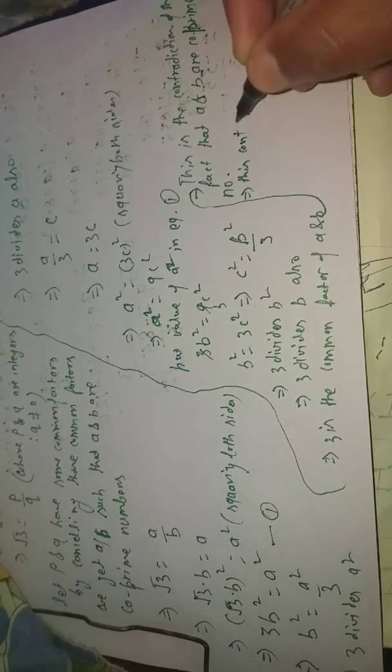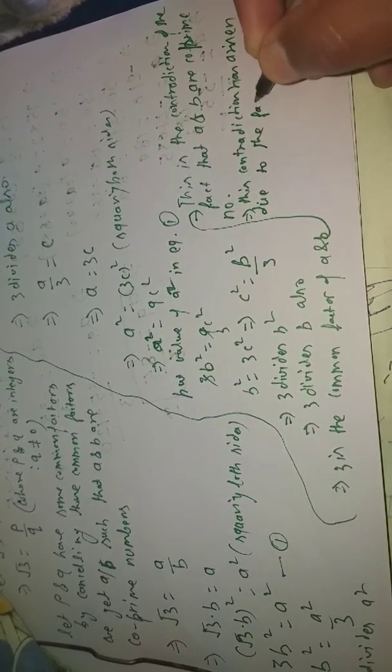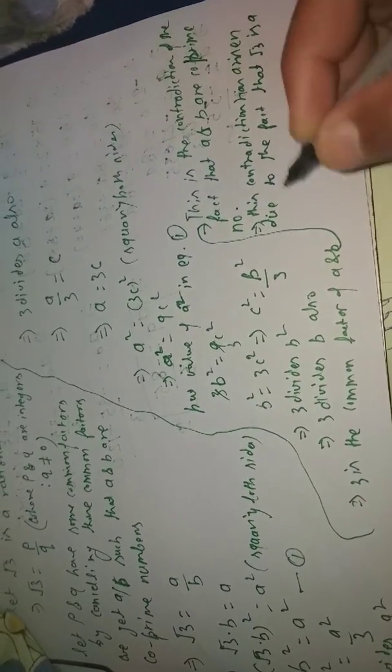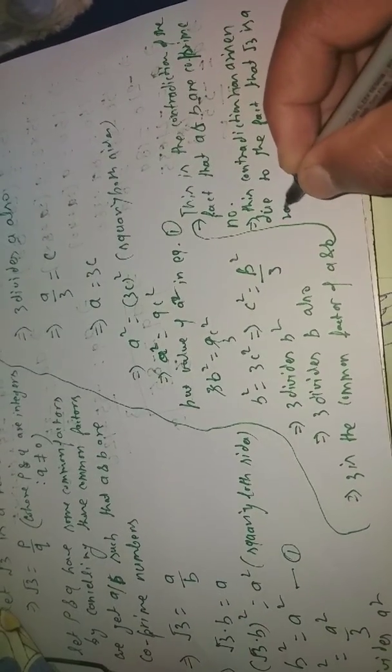This contradiction has arisen due to the fact that under root 3 is a rational number.